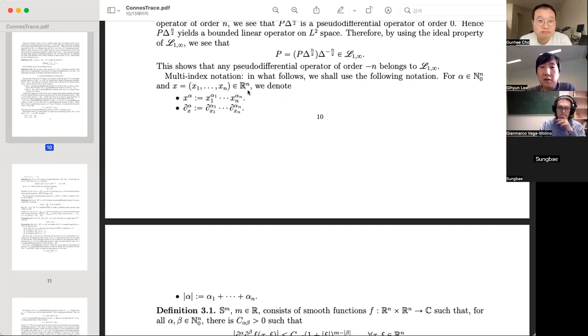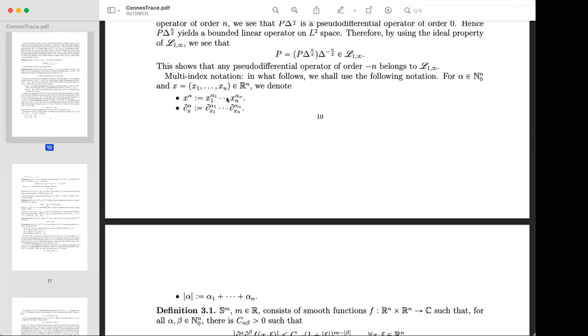Here we denote by x to the alpha the monomial x1 to the alpha 1, multiplied by x2 to the alpha 2, up to xn to the alpha n. And we denote the multiple order partial derivatives by this symbol, the dx to the alpha.